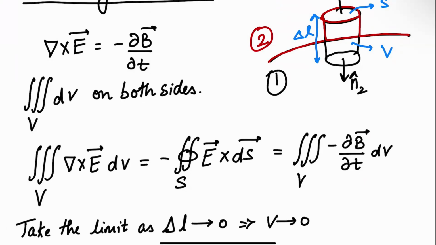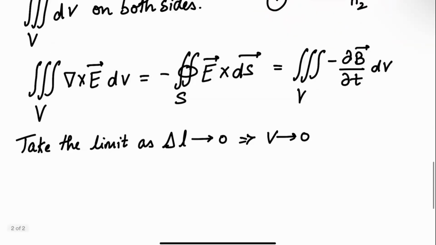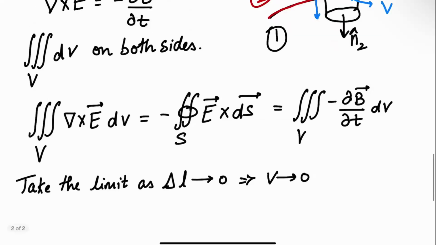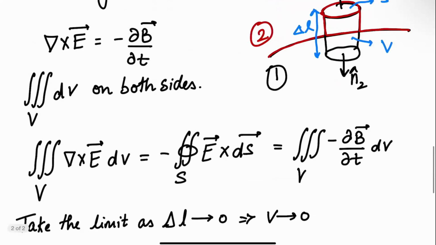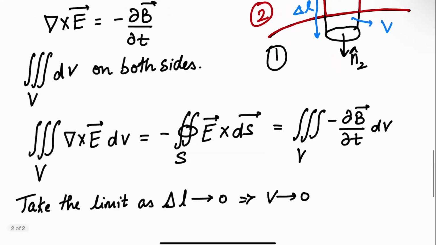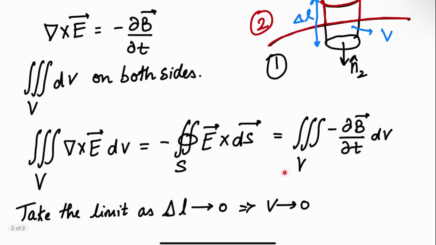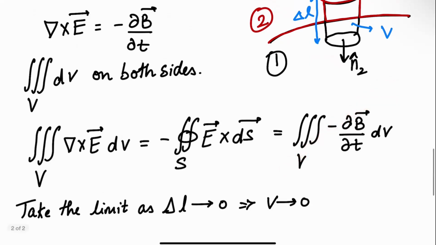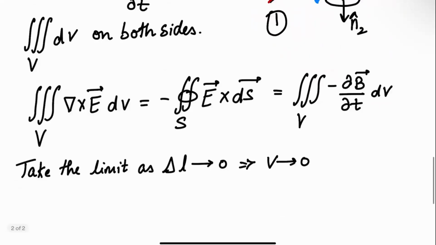So for example, if B had some kind of a singularity, then the current would have to be infinite because of Ampere's law. So because fields don't have any singularities, they are continuous in space inside this volume. Because they are continuous inside this volume, this integral goes to zero. As the volume goes to zero, the field doesn't go to zero, but the integral itself goes to zero because the volume of the cylinder goes to zero.